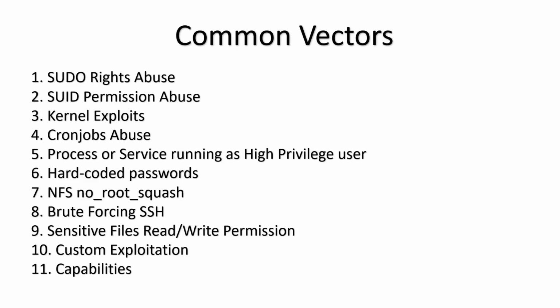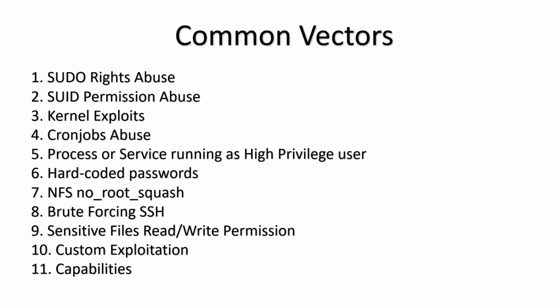Next one is sensitive file read write permission. There are many files in a Linux system. Some of them are made by the system and some of them are user created. I'll be talking about the system created files. There is a file called the shadow file. It is stored in the etc folder, so we call it the etc shadow file.